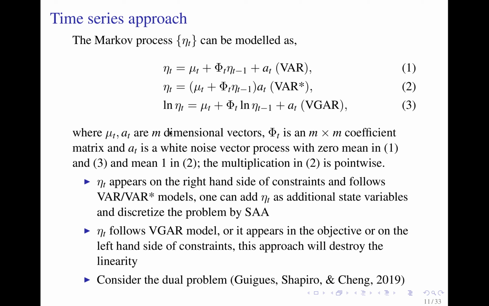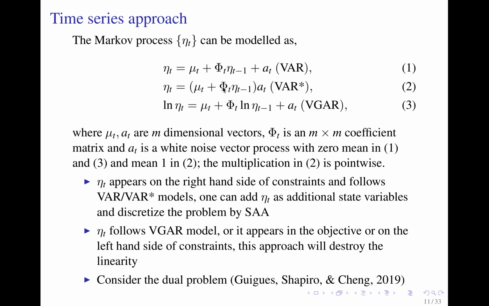If the considered process is linear, like this vector autoregressive model or vector autoregressive model with multiplicative error, plus if it appears on the right-hand side of the constraints, we can then add additional state variables and reformulate the problem into stage-wise independent.